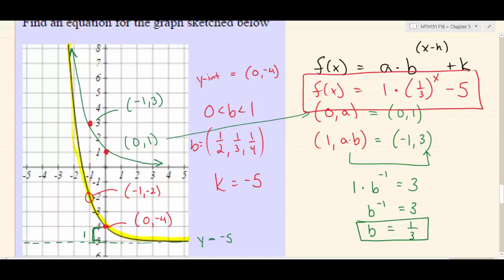That should be the equation of that graph. So there's really 2 big ideas going on. First big idea is H and K. You got to know how to shift that H and K up and down, left and right. But you guys should know how to do that because we've been playing around with that since linear equations. The second big idea is the relationship between A and B and the points on the graph.